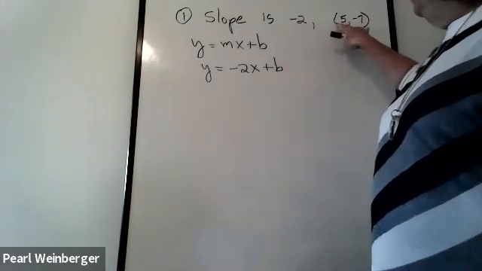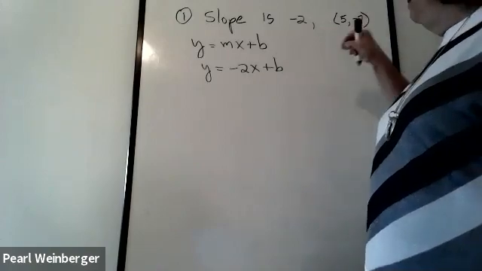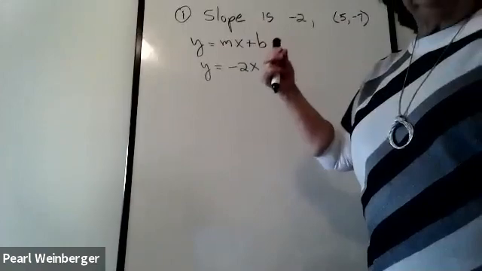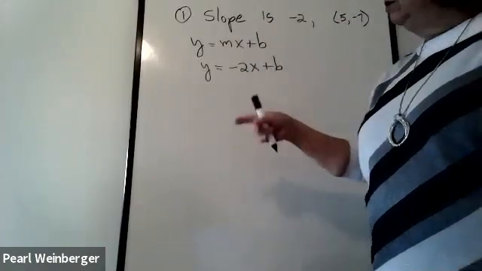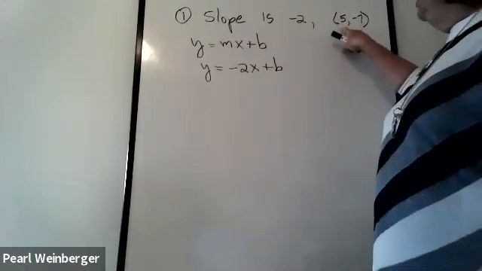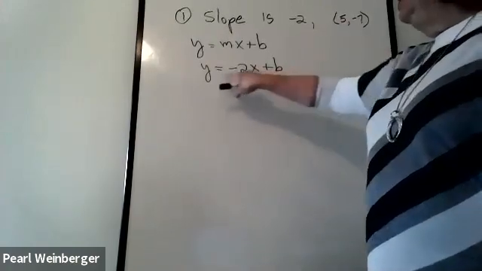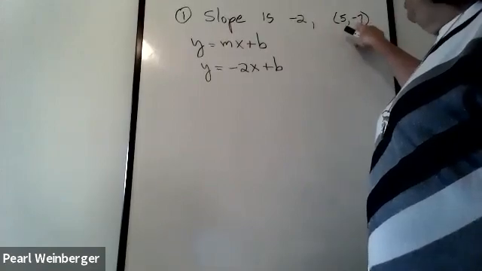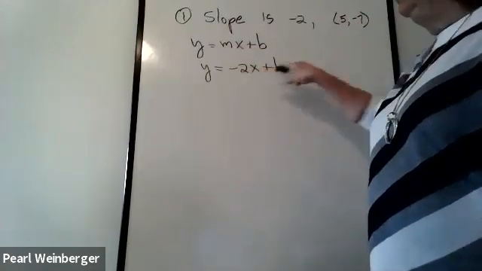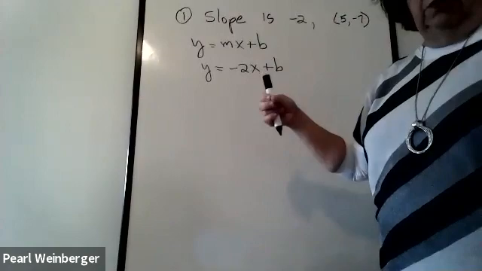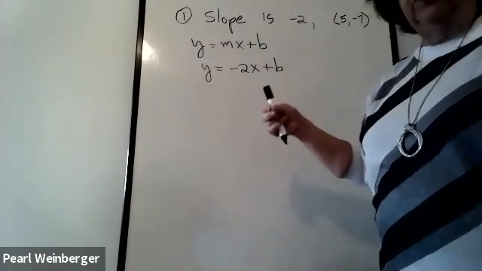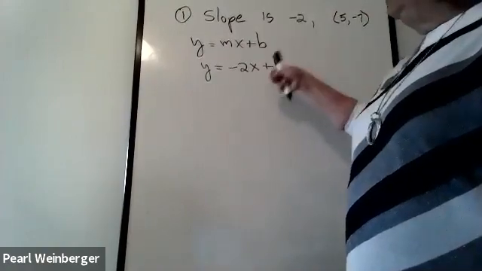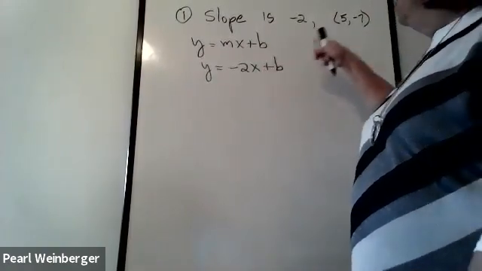Now, this is not the y-intercept. We can't say that the y-intercept is -7 because the only time a point is a y-intercept is if the x value is 0. But since this is a point on the line, I can replace the x with 5 and the y with the -7, and that'll give me a correct value for the b. Because any point that's on a line has to fit into the equation of the line.